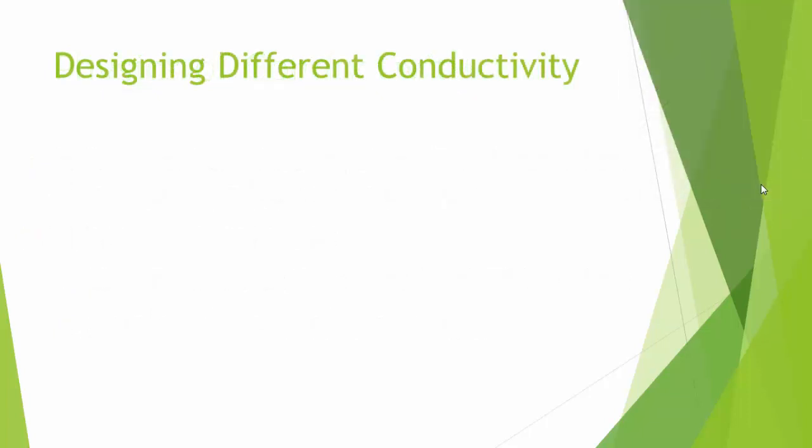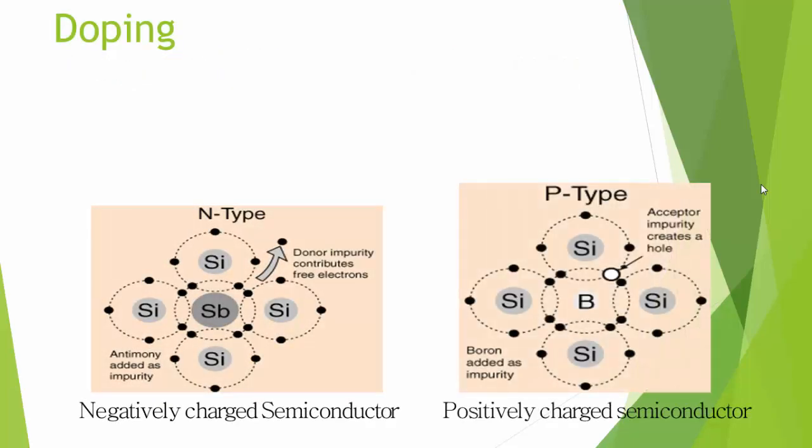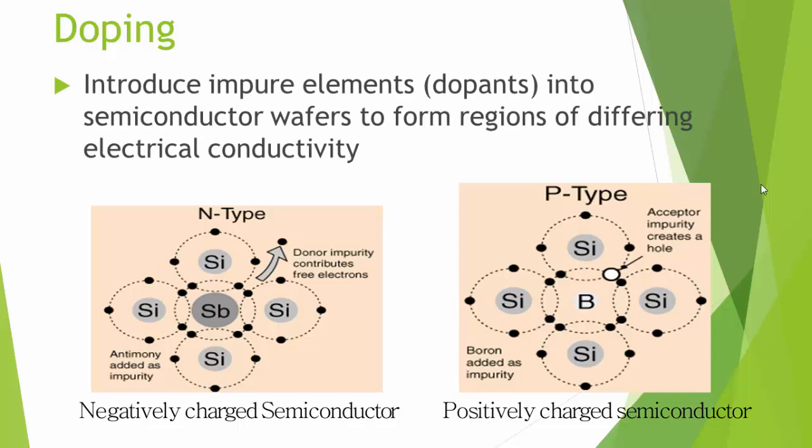Now, if we want to see some different characteristics, we can design different kinds of conductivity. So we can design what we call semiconductors by taking impurities onto a wafer and forming regions of different electrical conductivity.